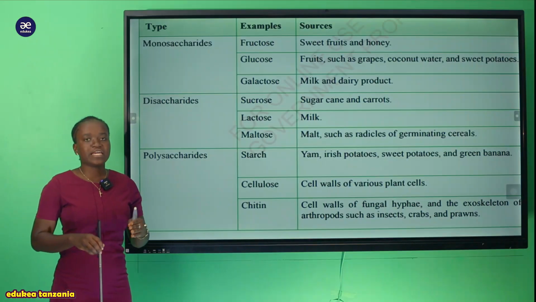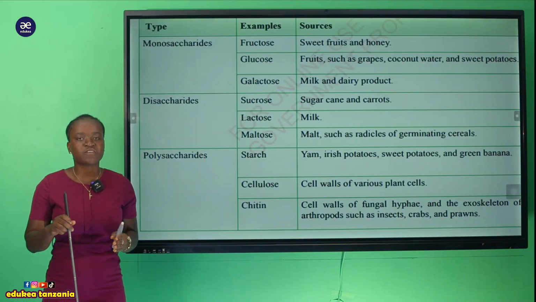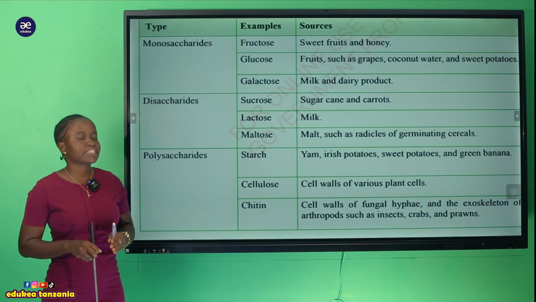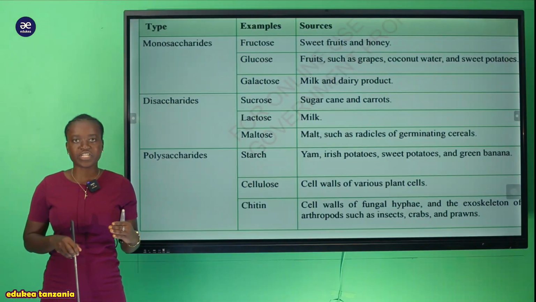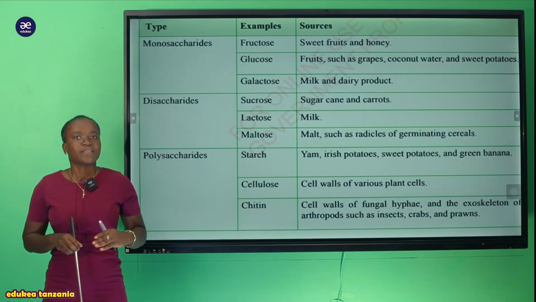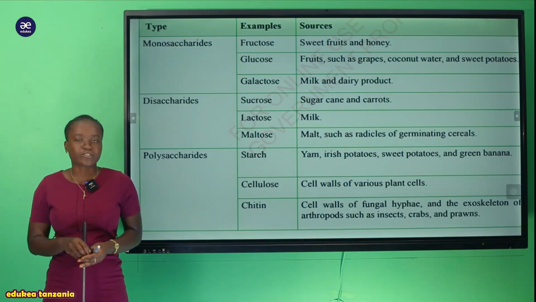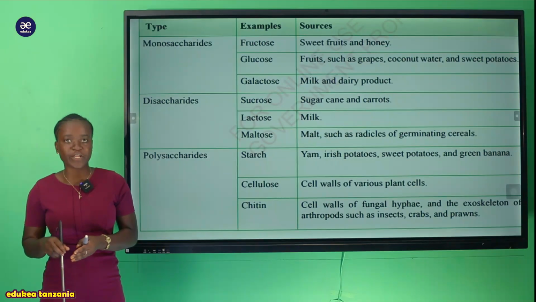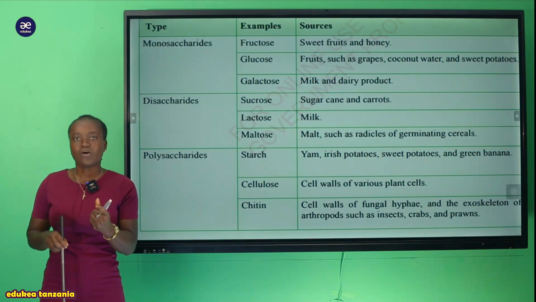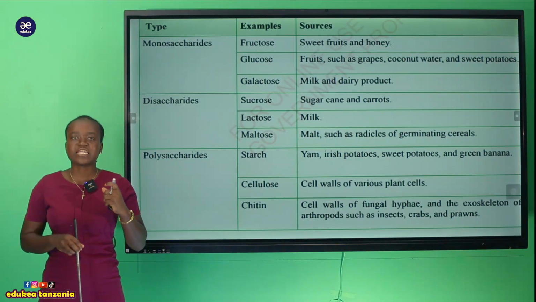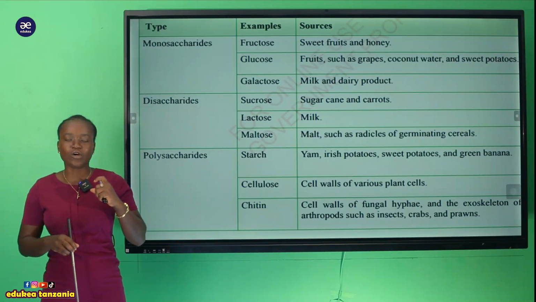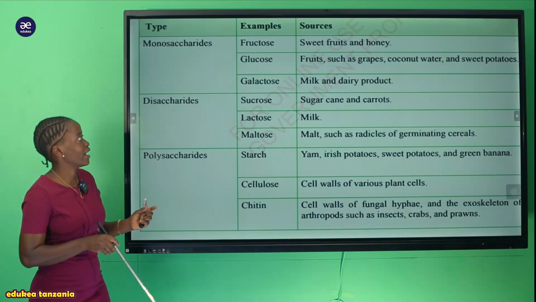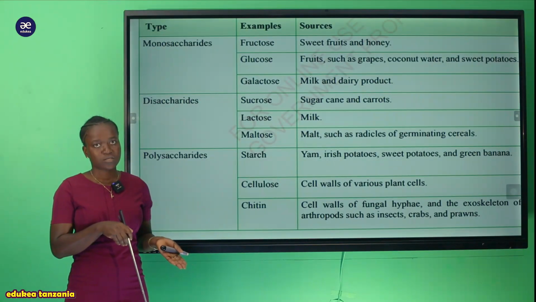So the sweetness which is found within the honey and the sweet fruit, for instance, orange, the ripening mangoes, and so many ripening fruits. Those tasty or sweet in taste, we can call it fructose.